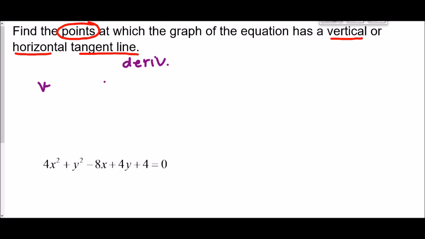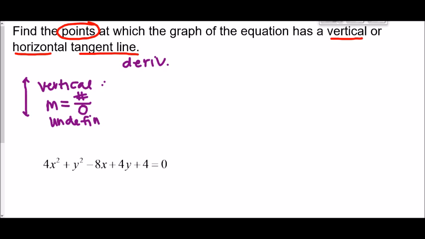Vertical, right? A vertical line is up and down. So in order to find a vertical tangent line, that has to do with our slope. A vertical, the slope is undefined. So the 0 is on the bottom. Okay?